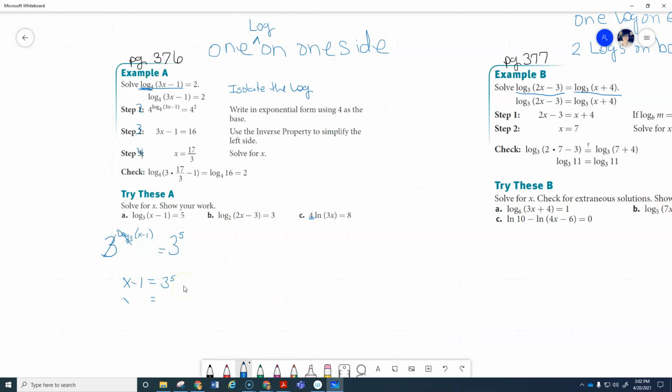So this becomes x minus 1 equals 243, and now I finish solving for x by adding 1 to both sides, and x is equal to 244. And then be sure you check it. Plug in 244. 244 minus 1 is 243, and 3 raised to the 5th power equals 243.